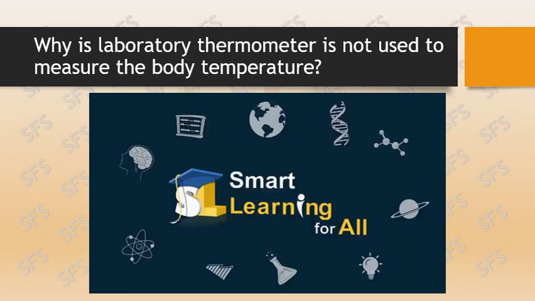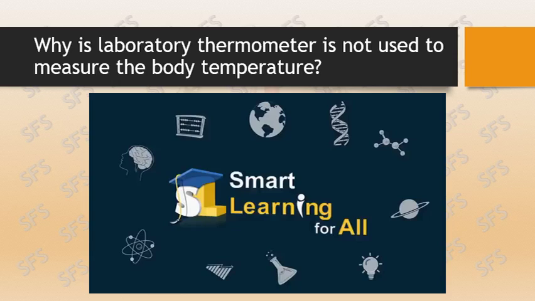I asked this question in the previous class as well, but this time it has been flipped. Previously I asked why the clinical thermometer cannot be used to measure the temperature of different objects. The same way, you cannot use a laboratory thermometer to measure the body temperature.